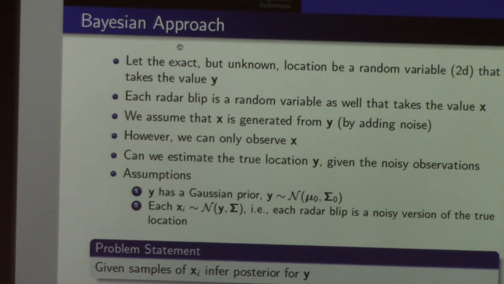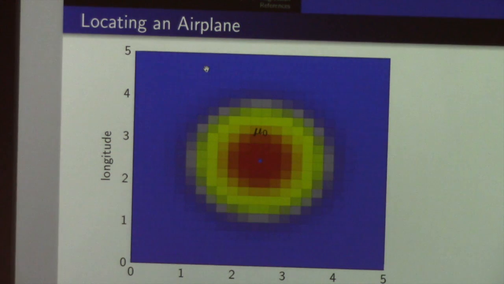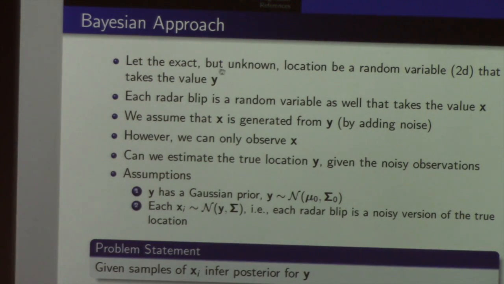But in a Bayesian setting, what you can do is think of the actual location of the aeroplane as some hidden value. That's the true value, but you can't measure it. What you measure are some noisy versions of that true value, right? So let's model it as y. And let's say each radar reading, the observation that you make, let's consider that also as a random variable x, right? Now x is generated from y.